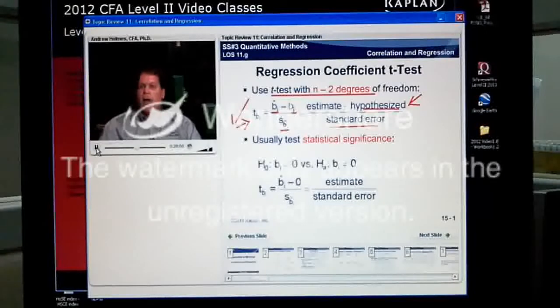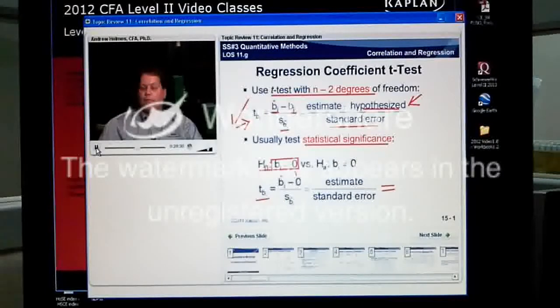However, we frequently want to test what is called the statistical significance, which means we want to test versus the null hypothesis that the coefficient is equal to 0. So the hypothesized value is going to be 0. The very frequent test statistic we see for the slope coefficient in a regression equation is the estimated slope minus 0 over the standard error, and that's going to come out to some value.